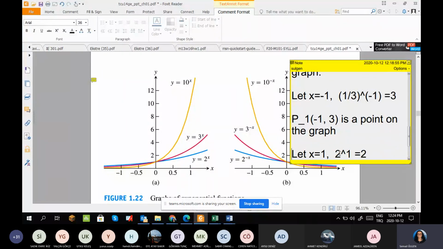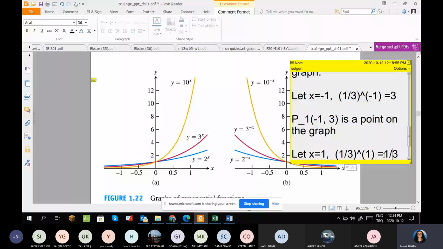And then I'm going to find another one. Let's use x equal to 1 again. I'm going to copy paste this to make it easier for myself. 1 over 3 raised to the power 1 is nothing but 1 over 3 again. So I have 2 points now: (1, 1 over 3).